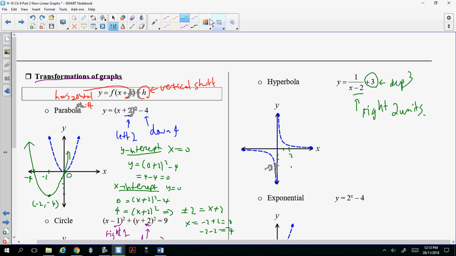So the vertical asymptote will move to the right. Okay, so we've got the asymptote, and the hyperbola will be here. So it's been shifted to the right 2 units, down 3 units, like that.